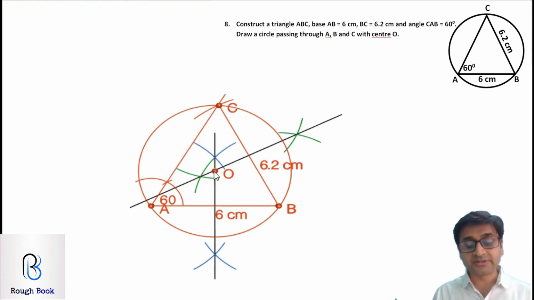Keep your compass a little higher than O and then check whether it is connecting all the 3 points A, B and C. If it connects, draw a circle. If it doesn't work that way, go below O, go on the left, go on the right, because your center is going to be somewhere here only. And you must have messed up because you are not accurate with your side bisectors possibly.